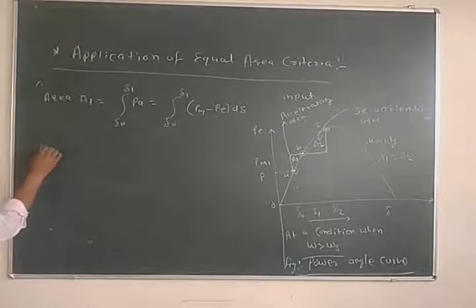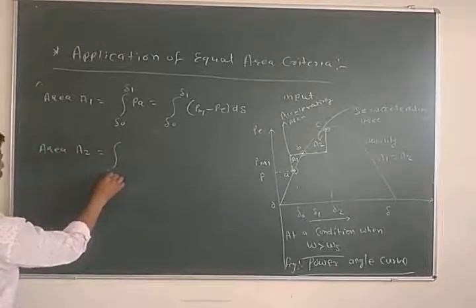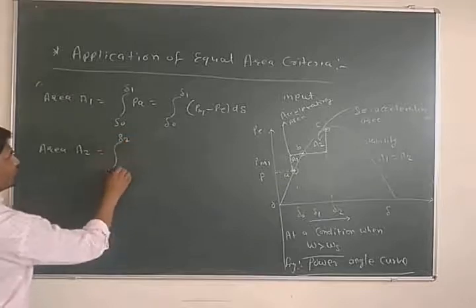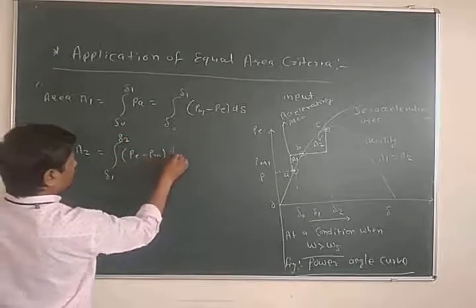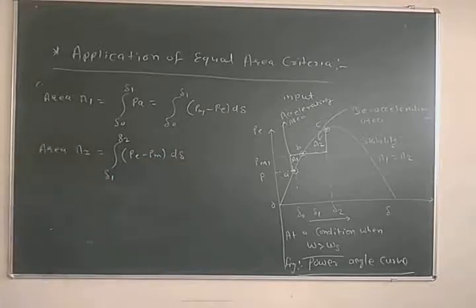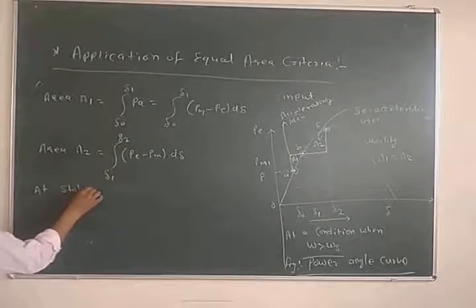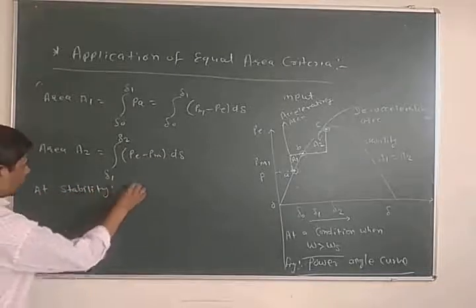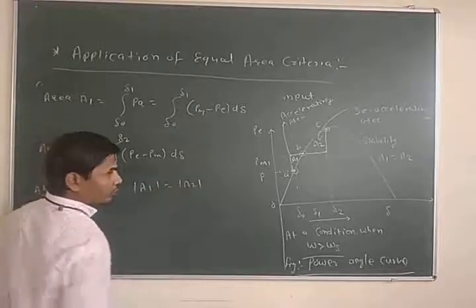Area A2 is equal to the integral from del 1 to del 2 of P e minus P m into d del. For stability, area A1 is equal to area A2.